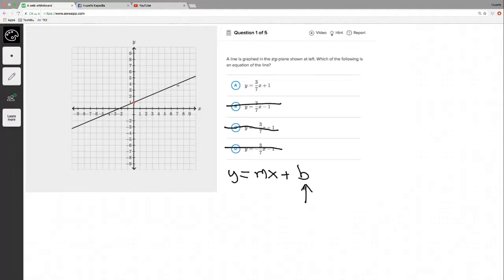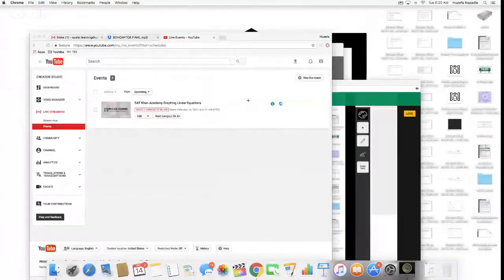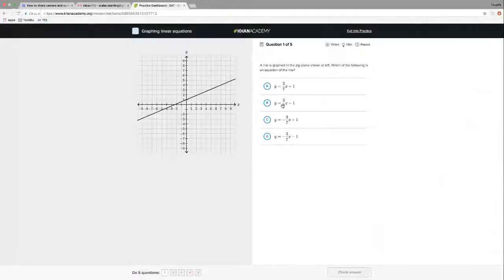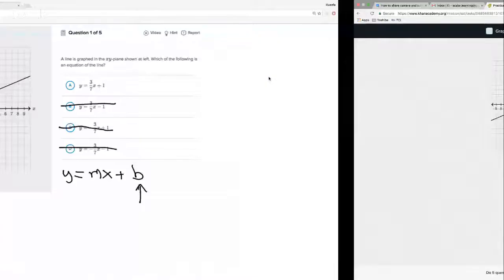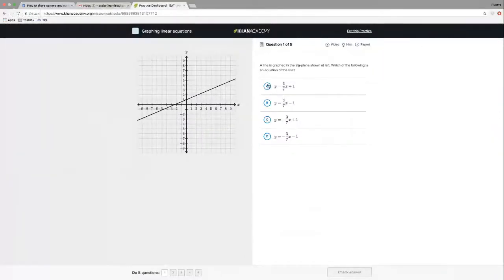So it is a slope of 3/7 for sure, positive, but you don't need to do exactly everything. So let's go back and select 3/7 x plus. It says A, right? What did I choose here? Yeah, it's A. There's our answer.